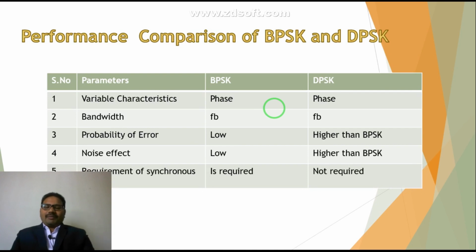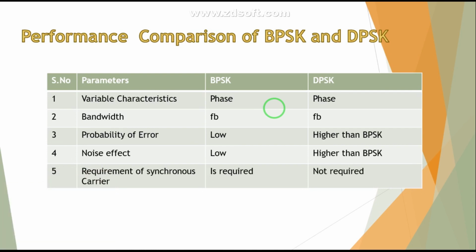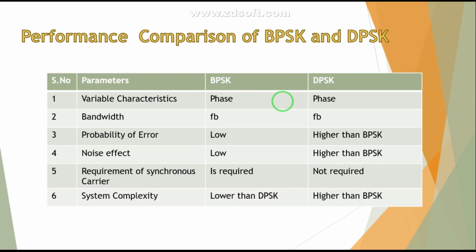Similarly, a synchronous carrier is required in BPSK, whereas it is not required in DPSK, because DPSK is the non-coherent version of this coherent BPSK. So that's why we don't require synchronization between the transmitter and receiver carrier. Last, it is the system complexity.